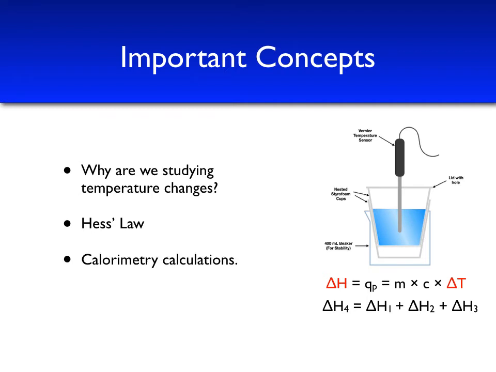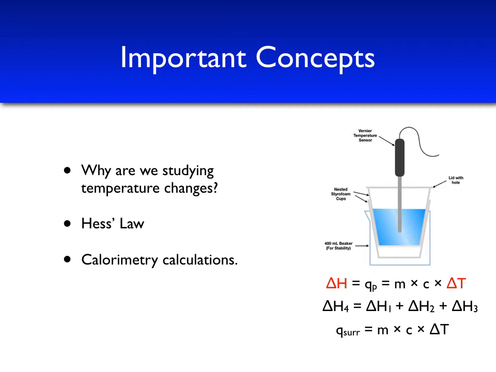In part 3 of this experiment, we'll be doing a calorimetric calculation where we calculate the delta H for the reaction between a strong acid and a strong base. To do this calculation, we first need to calculate Q for our surroundings.